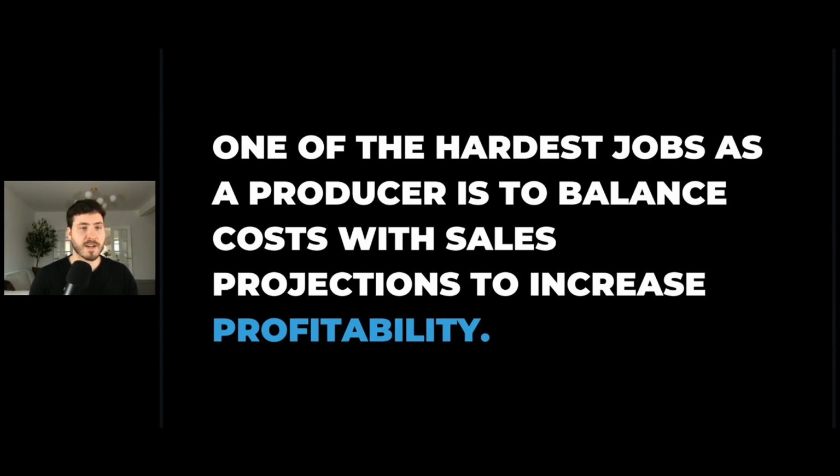So you need to actually be able to calculate, will this actor that I'm going to be paying, for example, $1 million, bring me at least $3 million in sales? Because that's roughly what you'll need in order to break even on that actor. So you always need to not only think about what will make the film the most money, but what will make the film the most profitable.